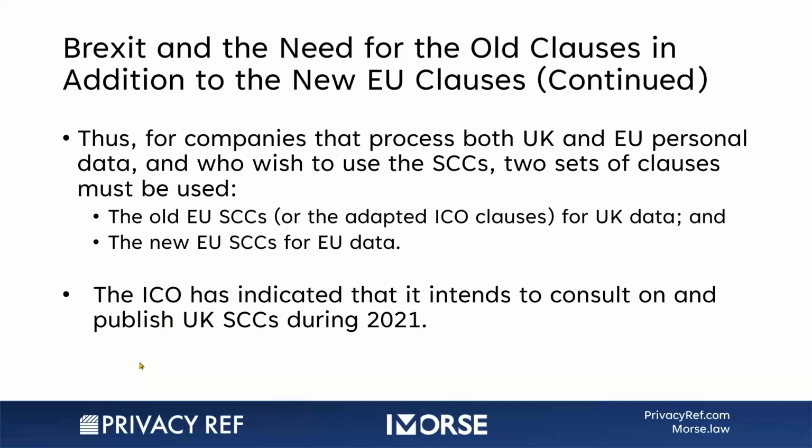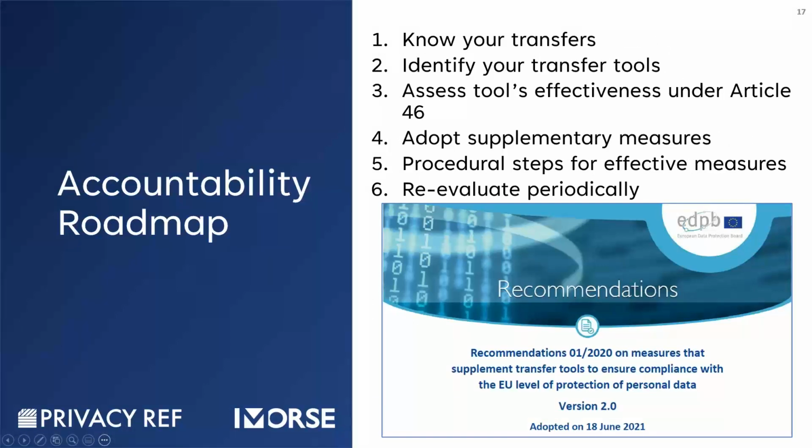So let's talk about the other part that Faith alluded to, and that is accountability. How do you take these things from Schrems II and make them applicable within standard contractual clauses? Now, when we talk about accountability, we're talking primarily about accountability of the exporter. The exporter may be a controller, it may be a processor, but they're the ones that are going to initiate the transfer.